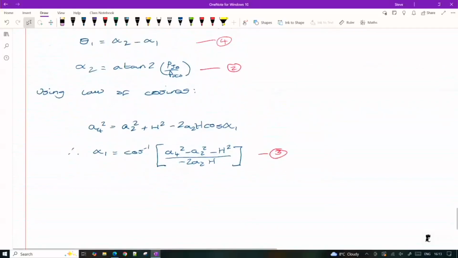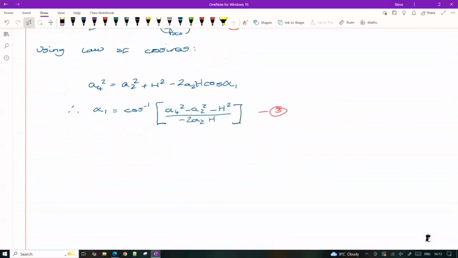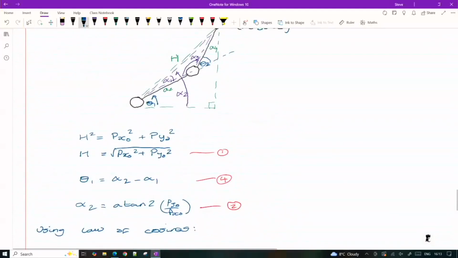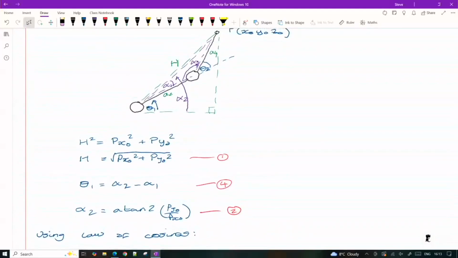Then we need an expression for theta 2. So if we look at that, we can say theta 2 equals, and if we go back to our diagram, theta 2 there, where's my laser pointer?